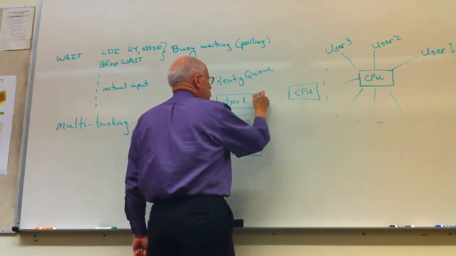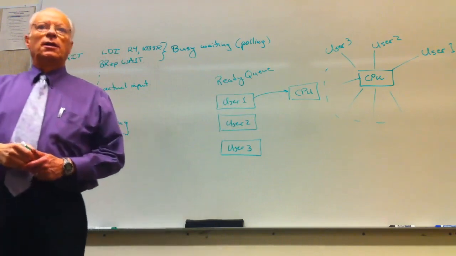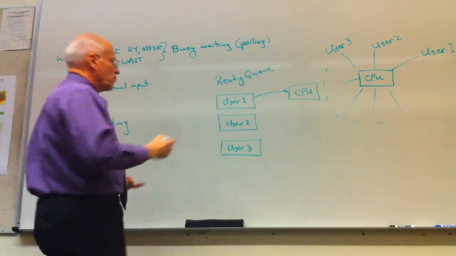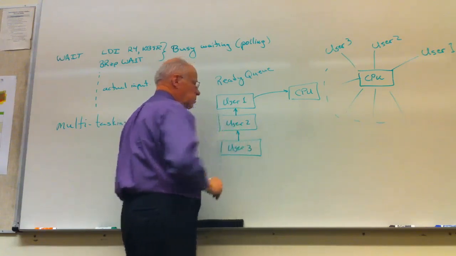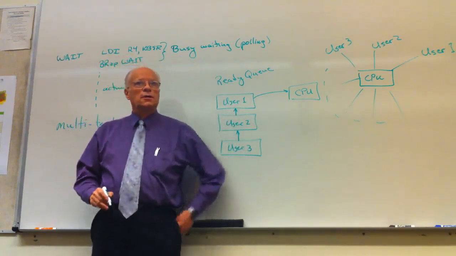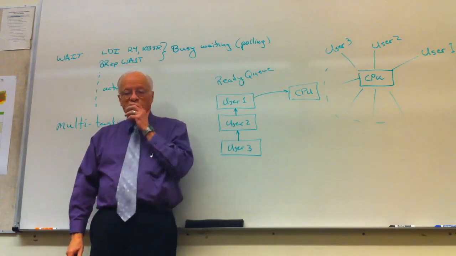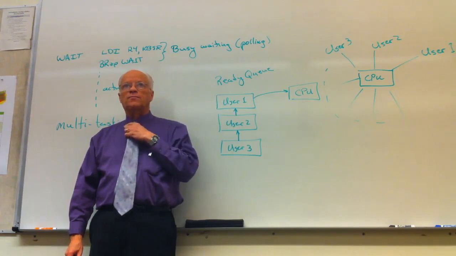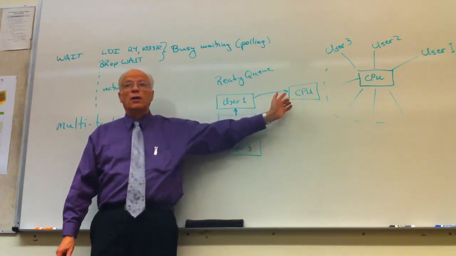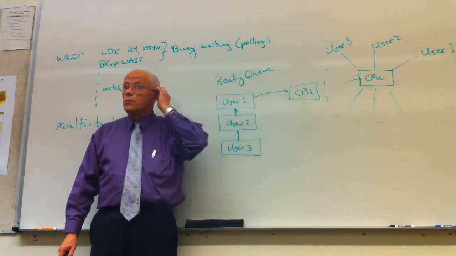It will take this user and load their information into the processor. In doing that, each one of these will move up in the queue, toward the head of the queue. And then depending on how the system is implemented, at some point, user 1 is going to get evicted from the CPU.